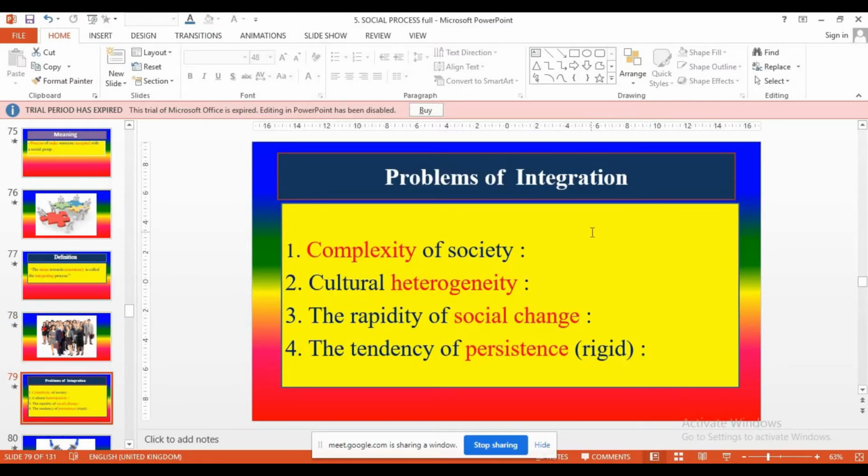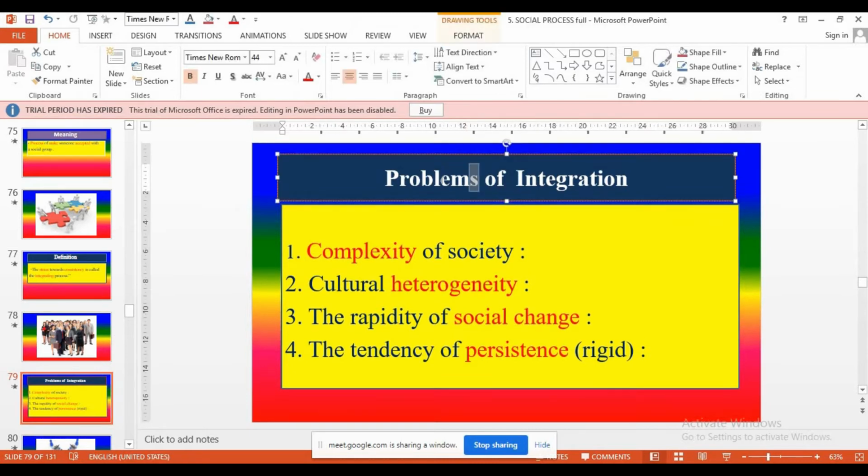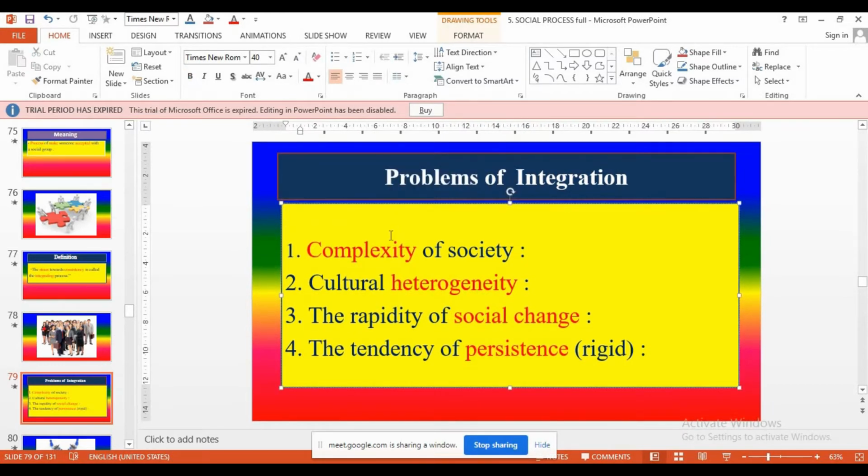Problems of integration. In macro sociology, we are concerned with the following problems. Complexity of society.